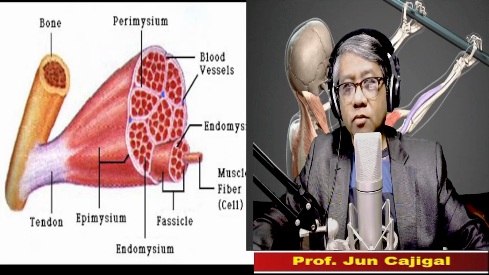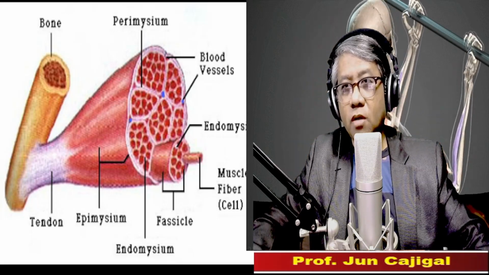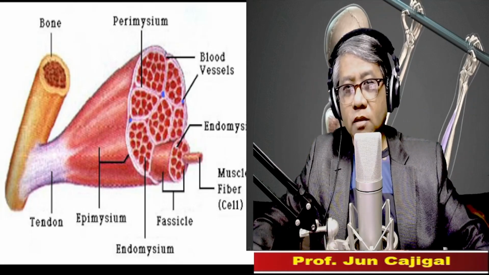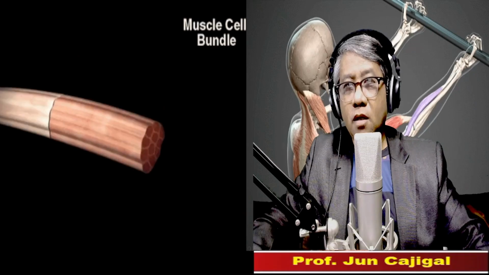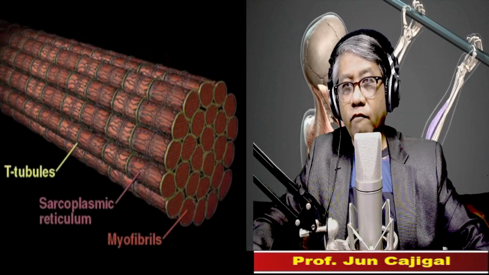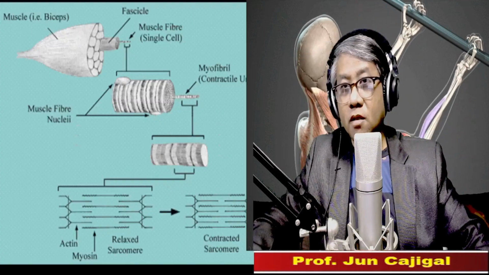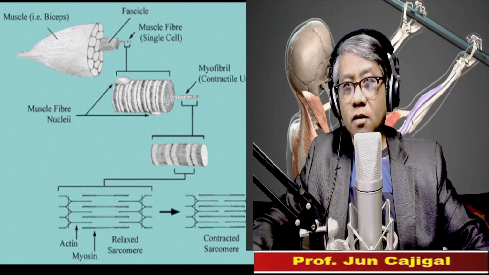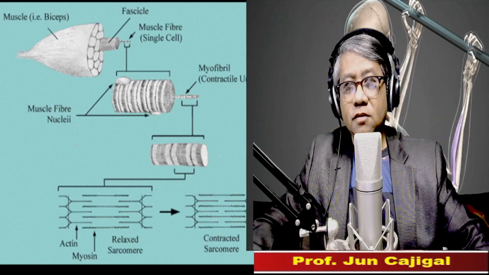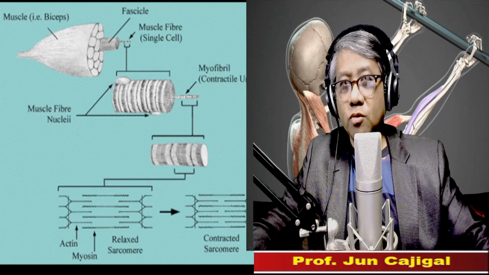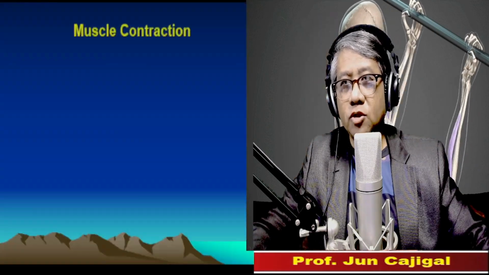The muscle fiber or the muscle cell is surrounded by a membrane called the endomysium. Alright, and a muscle fiber is composed of myofibrils, and there are two myofibrils. We have the actin and the myosin filaments. So with this, let us now study the physiology of muscle contraction.